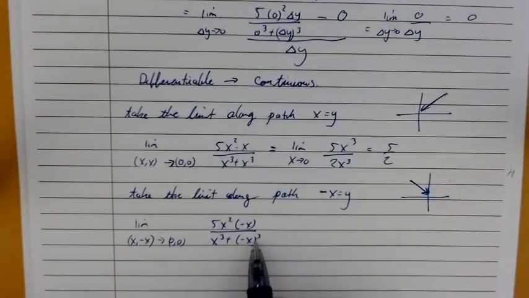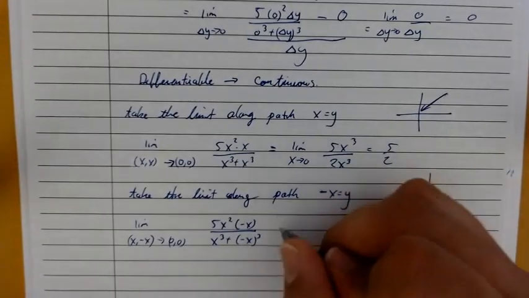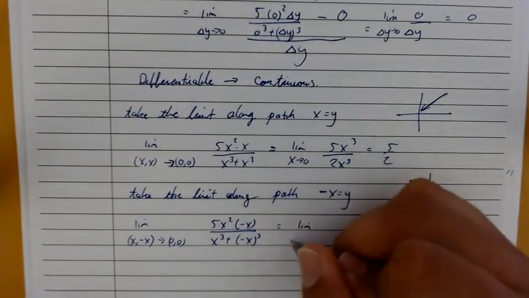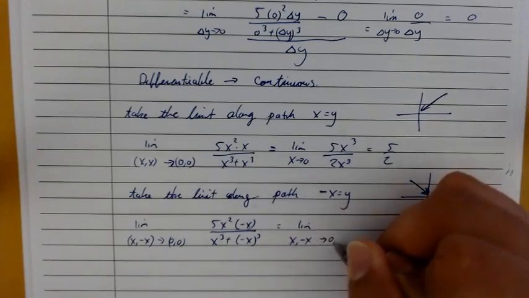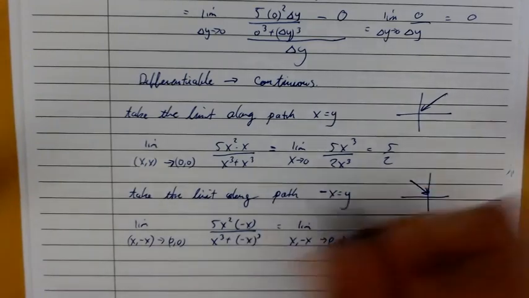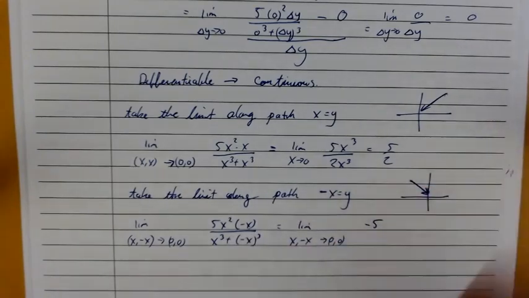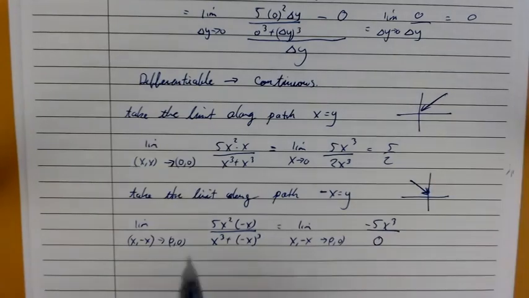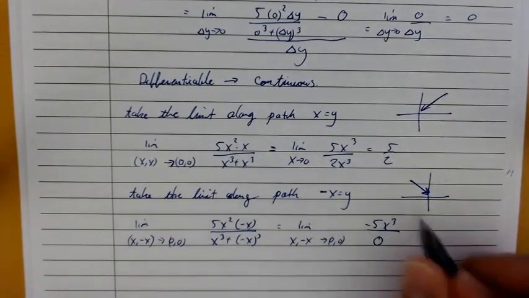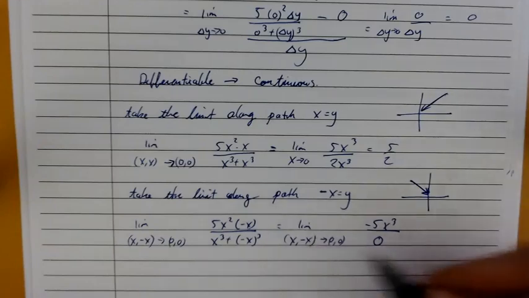Negative times a negative times a negative is a negative. So that's going to give me the limit as (x, negative x) approaches (0, 0) of negative 5x to the third over 0, because that's x to the third, and that'll be the negative of x to the third, which is 0. This is undefined, and so its limit cannot exist.